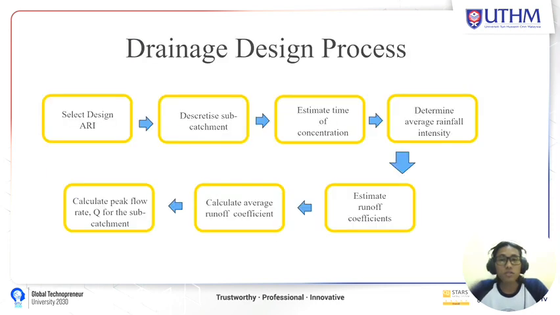For the drainage design process: first, select design ARI; second, discretize the subcatchment; third, estimate time of concentration; fourth, determine average rainfall intensity; fifth, estimate runoff coefficient; sixth, calculate average runoff coefficient; and lastly, calculate peak flow rate for the subcatchment.